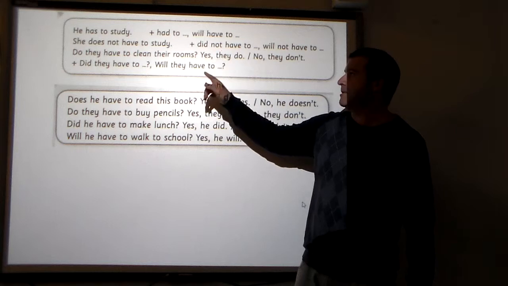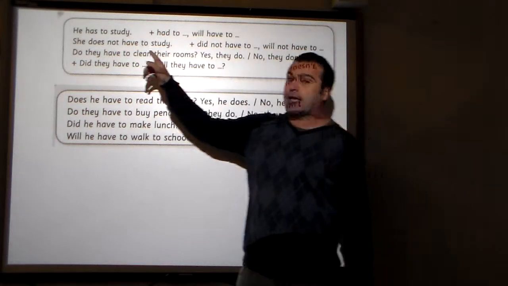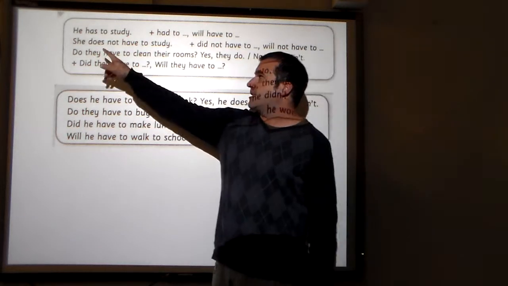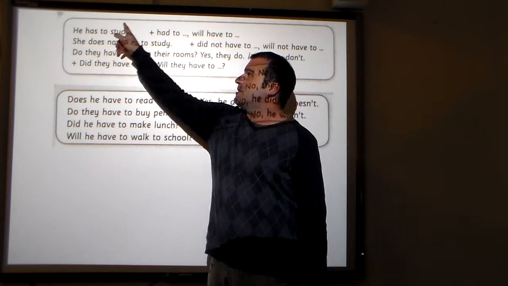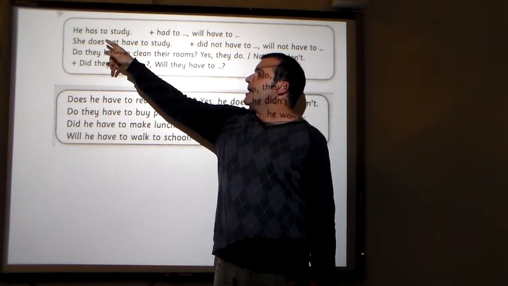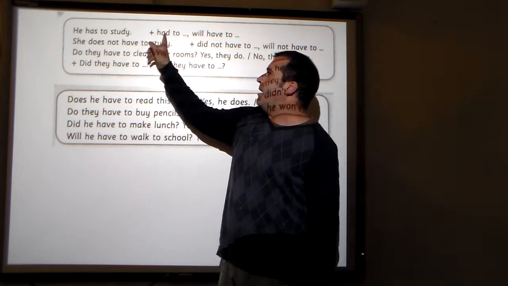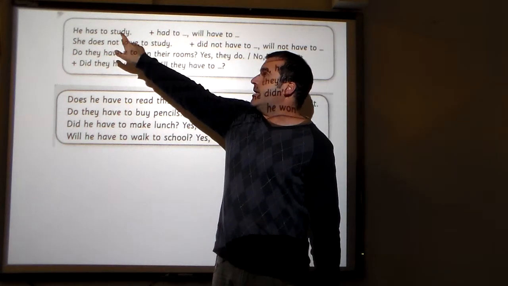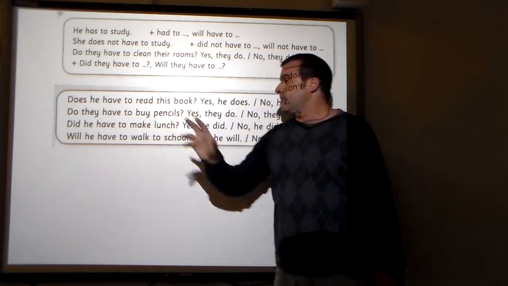They got to be careful with this. Sometimes when they change this into the past, they make mistakes, such as instead of saying he had to study, they change study into the past and say something like he had to studied. No, not at all. So we transform the auxiliary verb, yet the main verb remains in the base form.